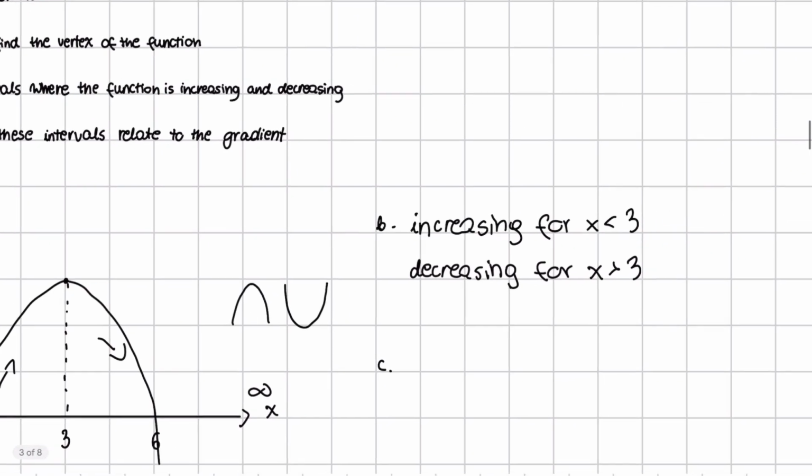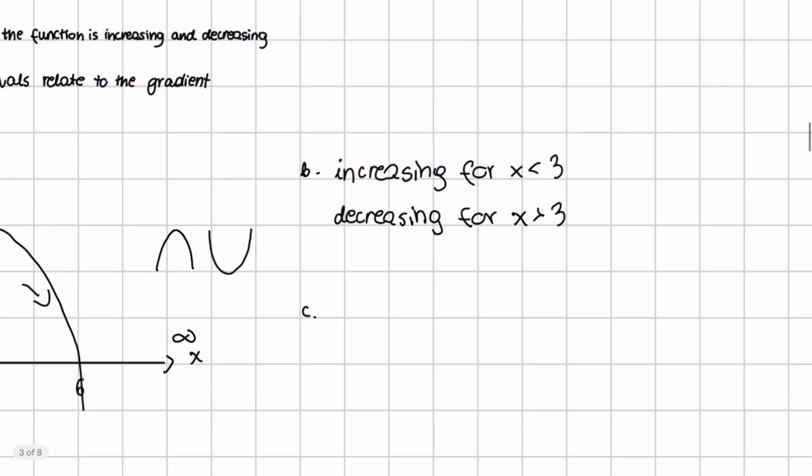And now we have to recall our general formula for the quadratic equation. So y equals ax squared plus bx plus c. And now we have to also remember the formula for x in the vertex.